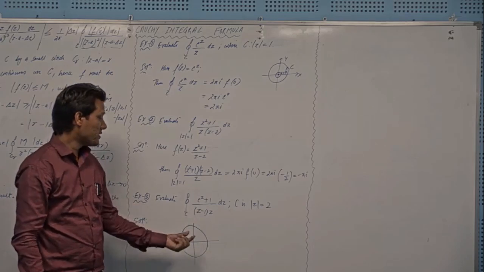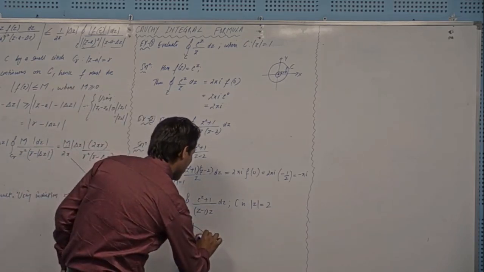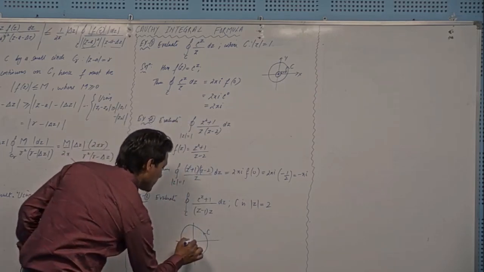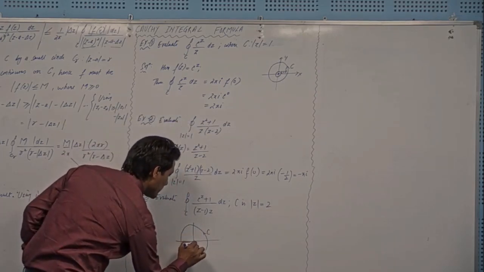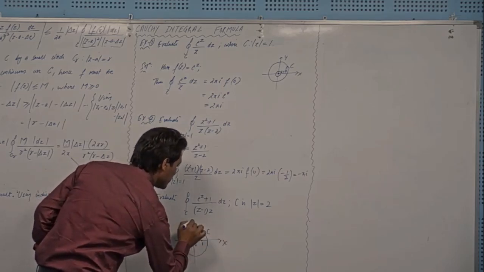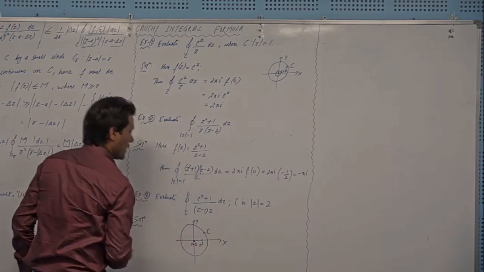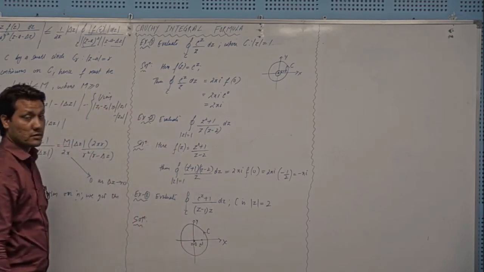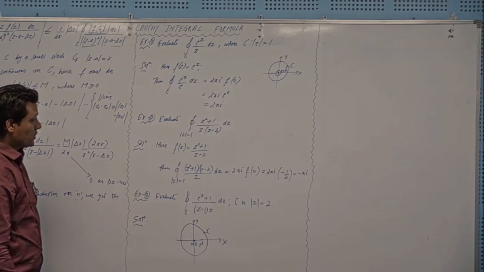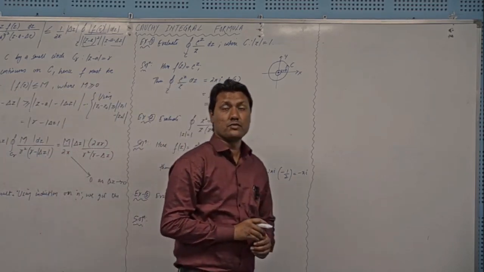This time we are having 2 singularities inside our contour C. This point is z equal to 0, and this is z equal to 1, x-axis and y-axis, and both are lying inside the contour C. So this time we cannot apply Cauchy's first formula directly.